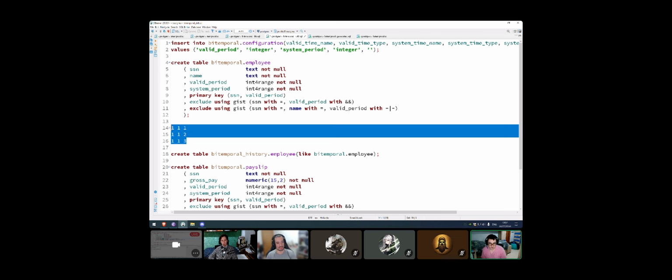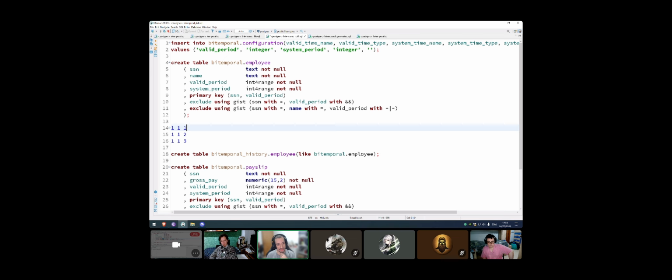So you're basically only allowing it when you change more than one thing at a time? No, you can insert it, but you cannot keep it as two records that only change the valid time from one to another.